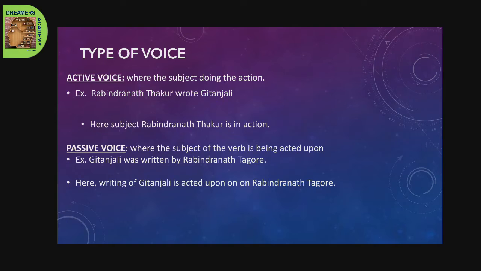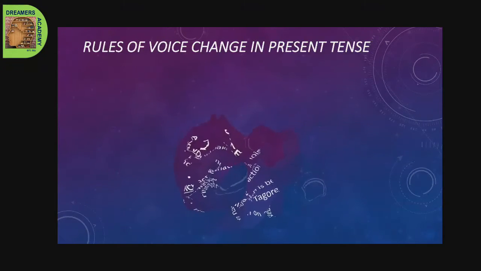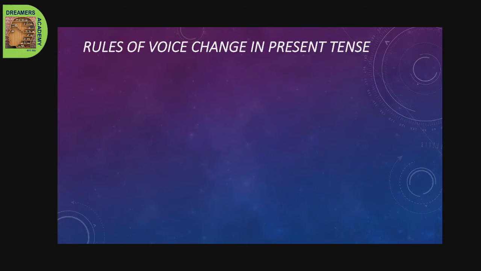So it is clear that when the subject is doing the action, that is the active voice, and where the subject of the verb is being acted upon, or when we focus on the action, then that is the passive voice.